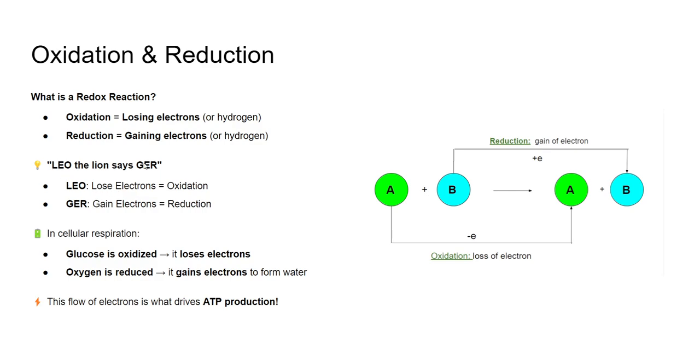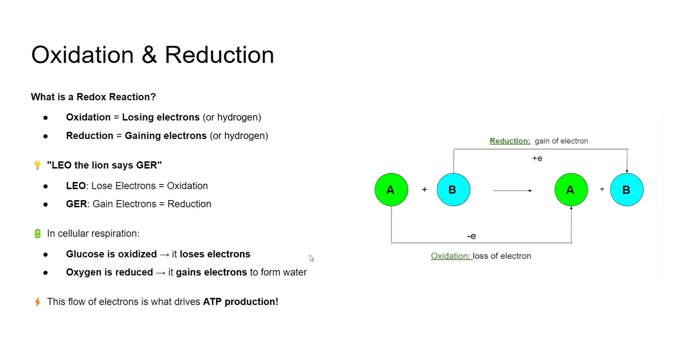A little cool term that I like to use in order to remember how all of these things work: Leo the lion says GER. Leo represents losing electrons equals oxidation, and GER represents gaining electrons, which equals reduction.